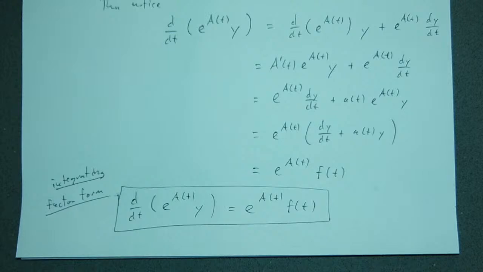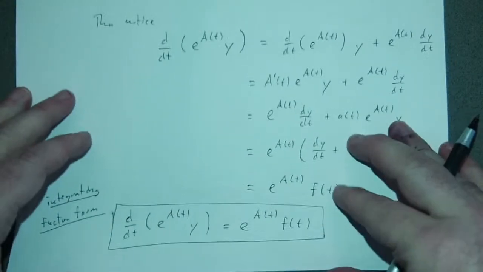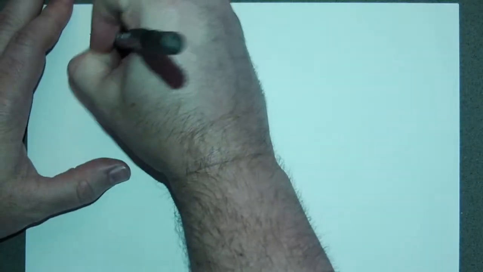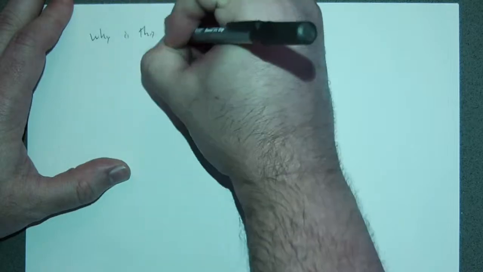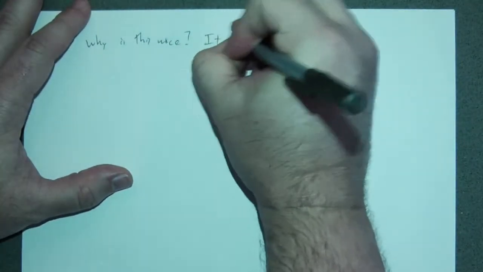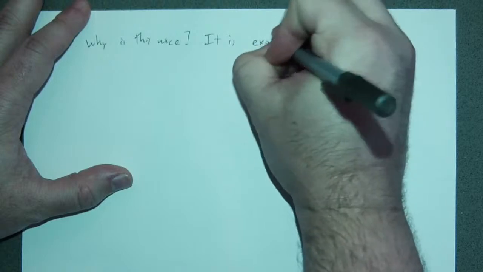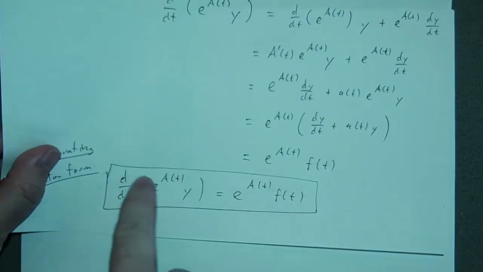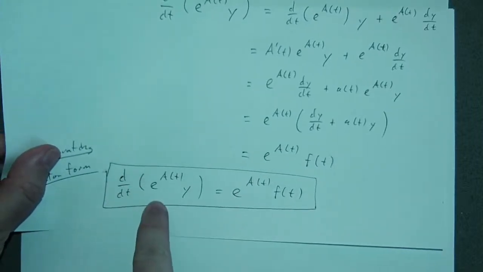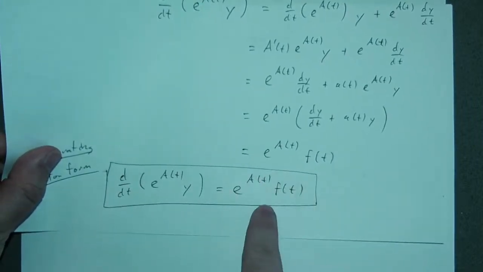All right. Now, why is this nice? So why is this nice? Because it is explicit in the sense that what I have is the derivative of something is equal to some function of t.